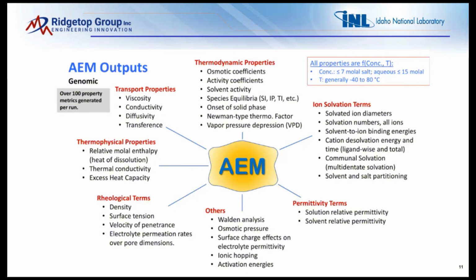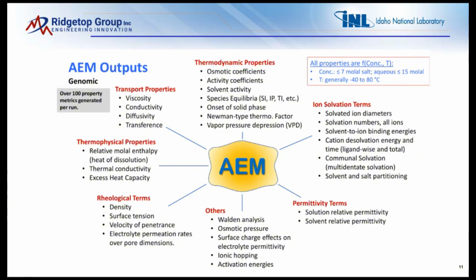Things like osmotic coefficients, activity coefficients, species equilibria for single ions, ion pairs, and triple ions, and vapor pressure depression. These are all very useful terms to try and describe the real physical consequences of utilizing a particular electrolyte for batteries.